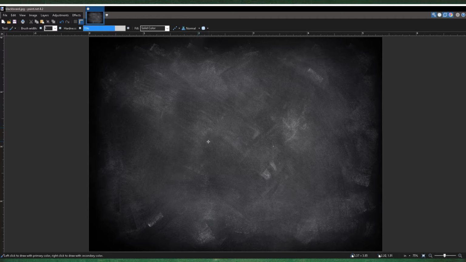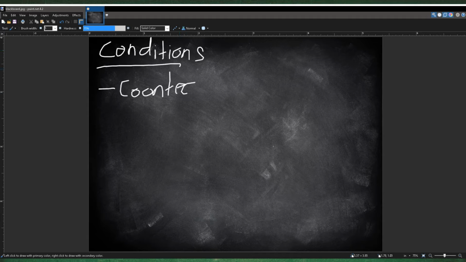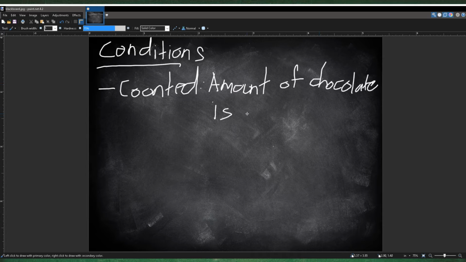The first thing is that we want to do the conditions, right? So it must be count data. So the data is counted. The amount of chocolate per color is counted.